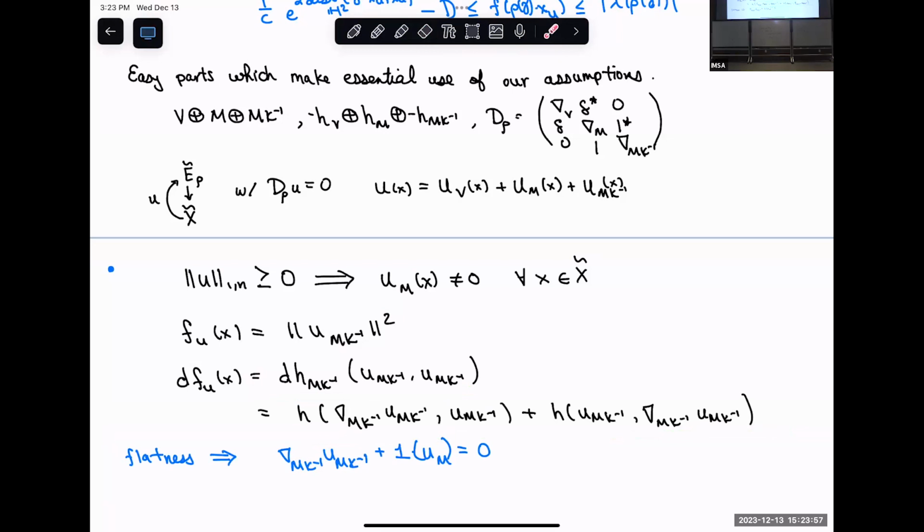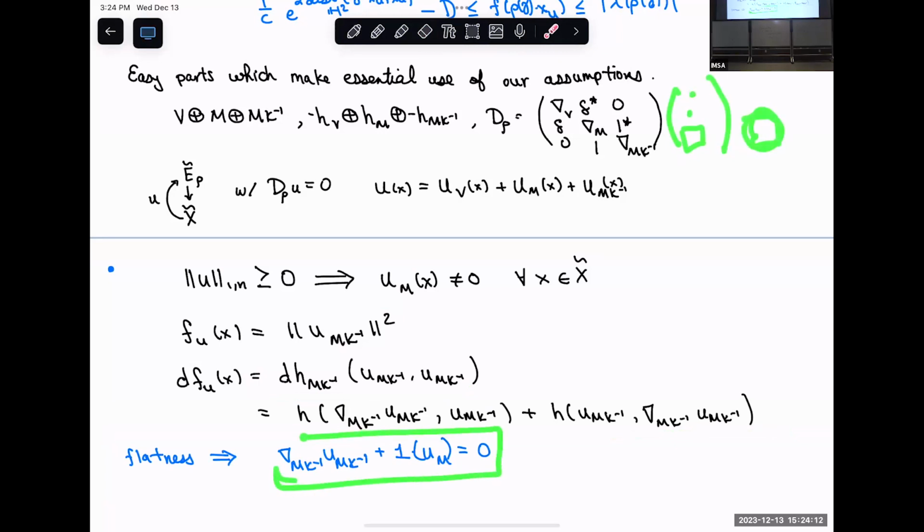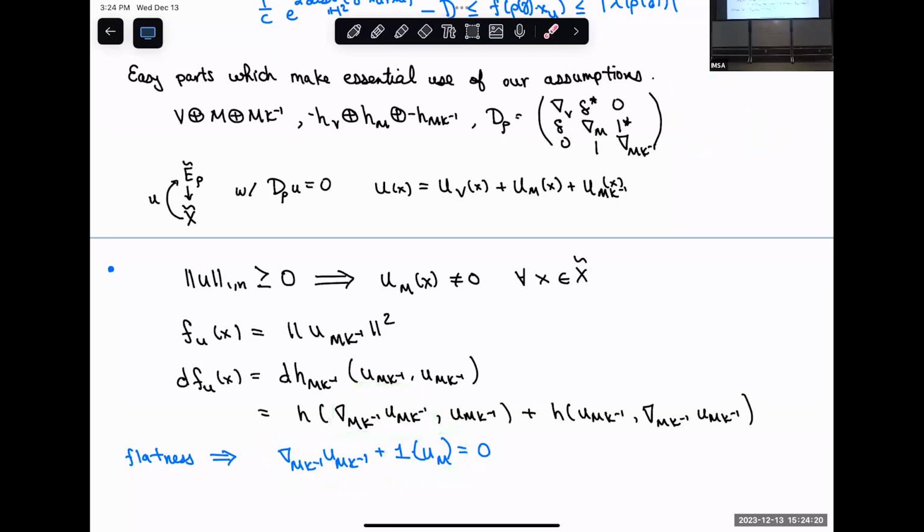And since I assumed my vector was associated to a flat section, when I differentiate a vector here, and I look at the projection onto the last piece, I get exactly this term here. So I get to replace these guys by minus 1, something that's nowhere vanishing, applied to something that's nowhere vanishing.